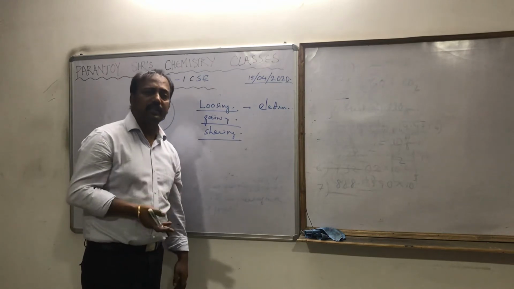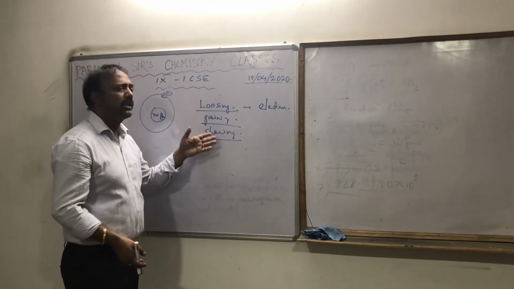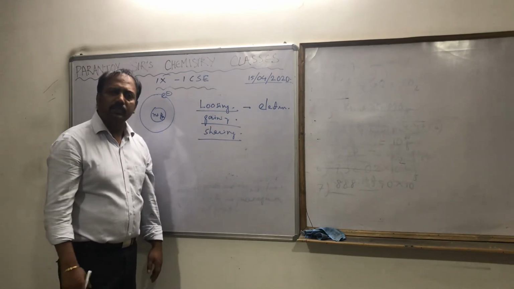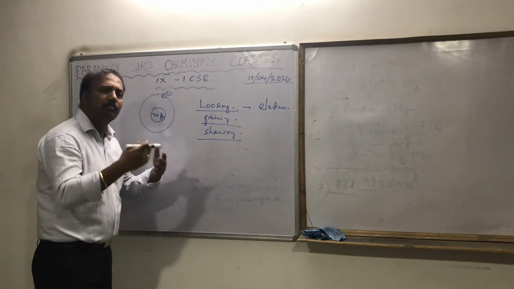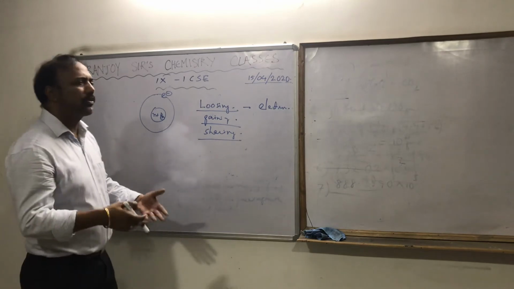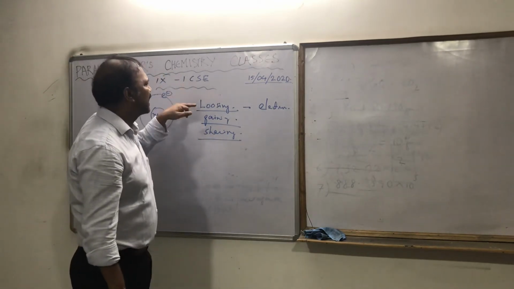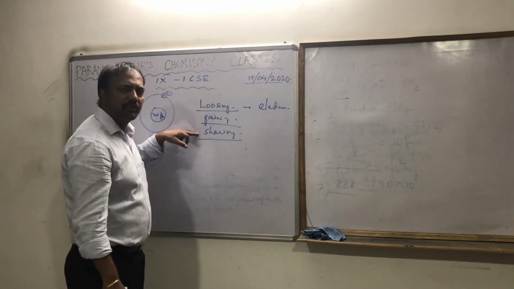Now the question is why the elements will lose or gain or share their electrons. What is the problem? The problem is nothing. They want to get more stable, by either losing or gaining or sharing the electrons.